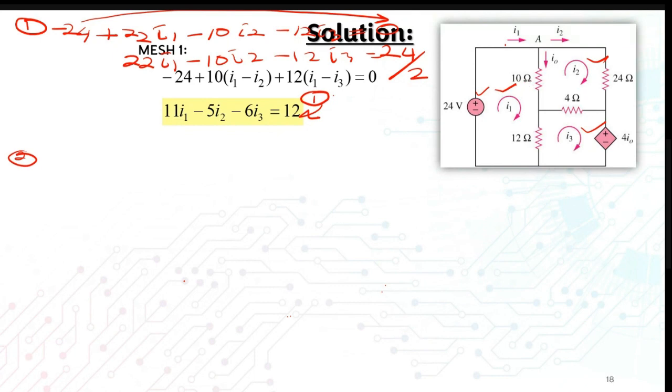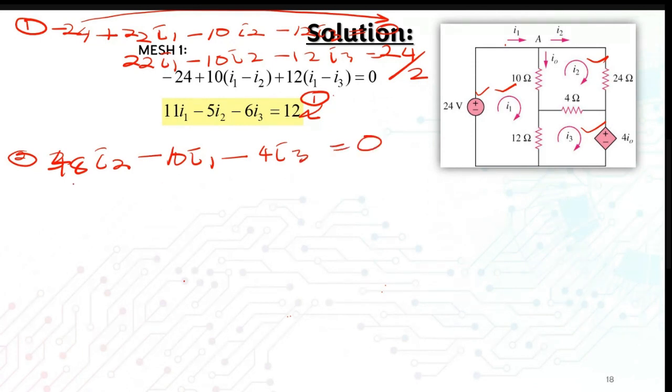You will get 38 I2 minus 10 I1 minus 4 I3 equal to 0.